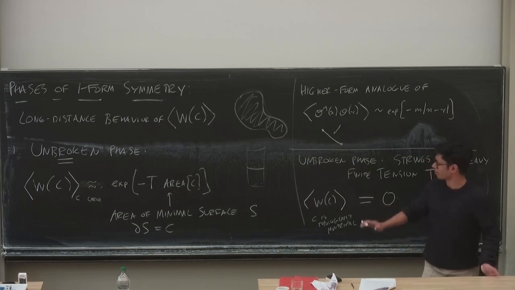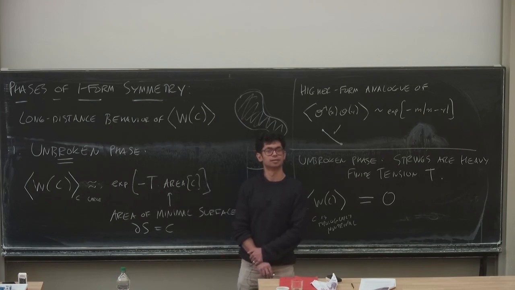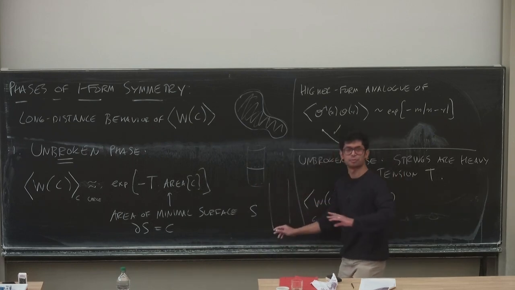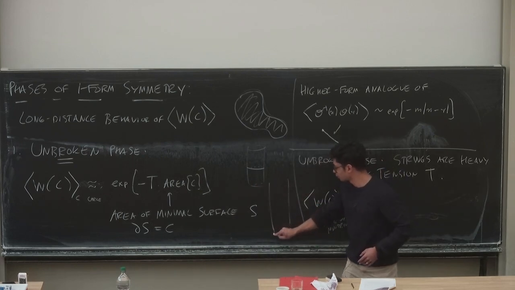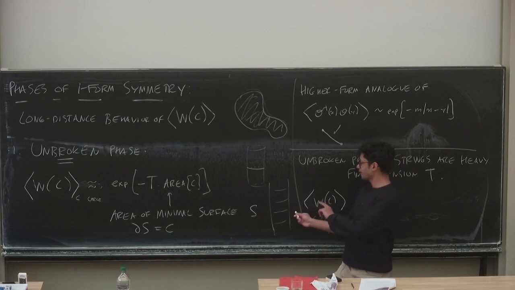Oh, I've not worried about factors, but I think this is a good definition for the string tension. Yeah, it's the same, right? If you take your curve to be two infinitely long lines, indeed, the area is the time times the length.